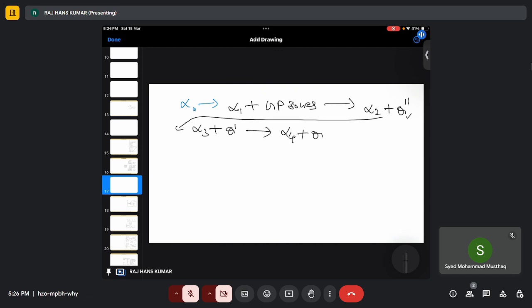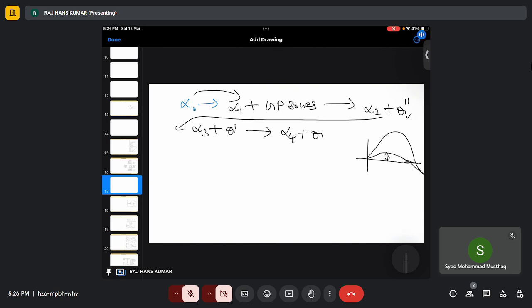Transforming from one point to another, let's say from alpha naught to alpha 1 plus GP zones, the energy rise will be much smaller. So this is my actual energy rise during the transformation from alpha naught to alpha 1 and GP zones. The system tries to attain that phase with a minimum increment.